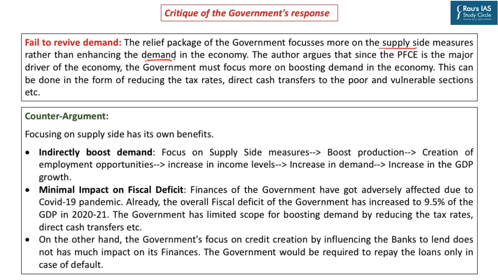The author argues that since the private final consumption expenditure, the domestic demand, is the major driver of the economy, the government must have focused more on it and tried to boost the demand in the economy. Boosting the demand directly could involve certain measures like tax reduction, direct cash transfers.